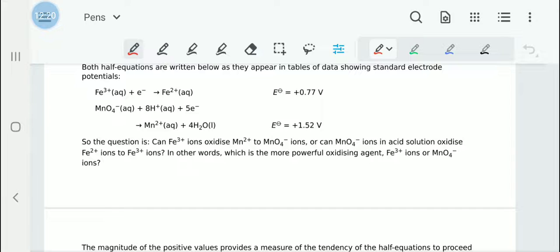Therefore, we can deduce that manganate ions, MnO4- ions, are better oxidizing agents or more powerful oxidizing agents.